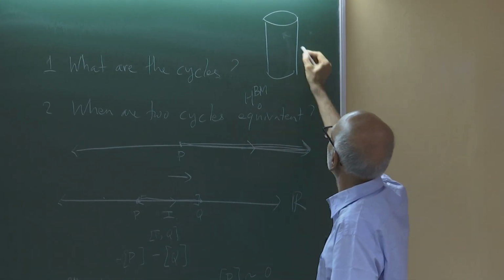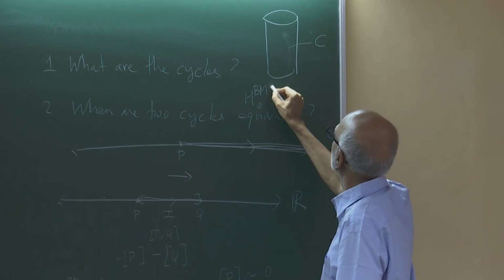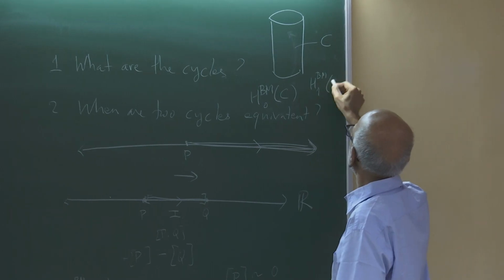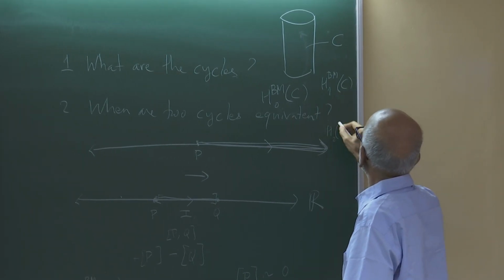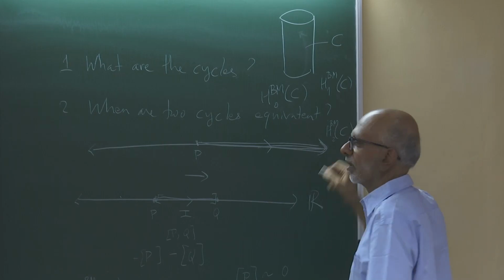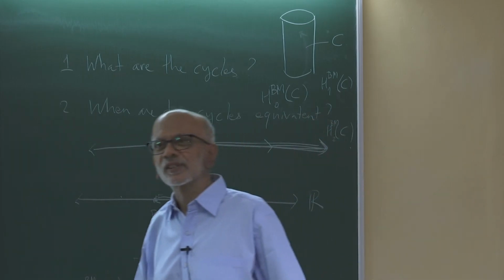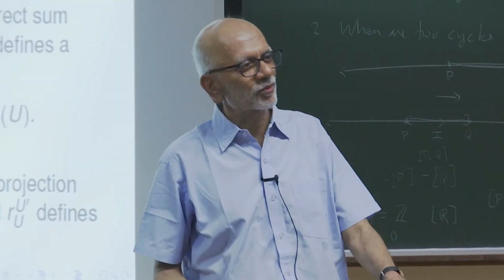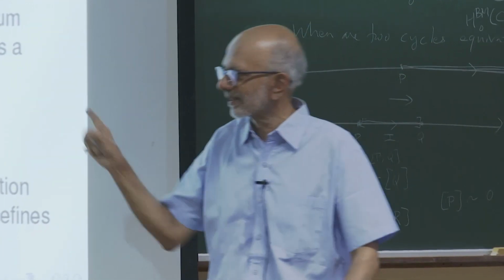So of the cylinder, let's call this cylinder C, H1 BM of C and H2 BM of C. After all, we have discussion hour in the afternoon, so think about it in your spare time and we'll talk about it then. Now let's come back to this.